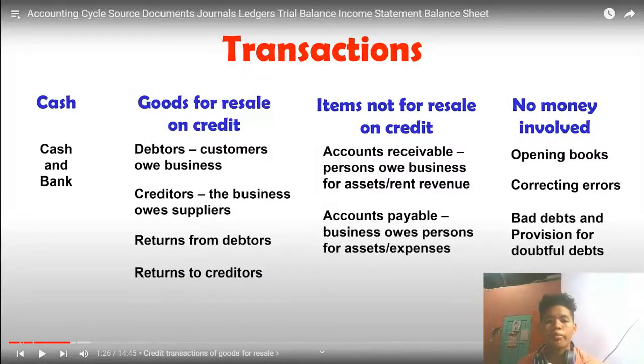Bad debts come up a lot within businesses today. So your question as a viewer is, what are bad debts? Let me give you an example. We have Billy. Billy sells shoes. One day Billy sells a shoe for $100. The person does not pay $100.